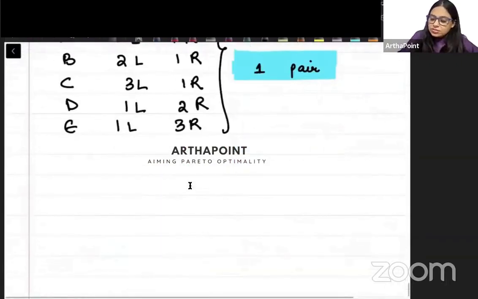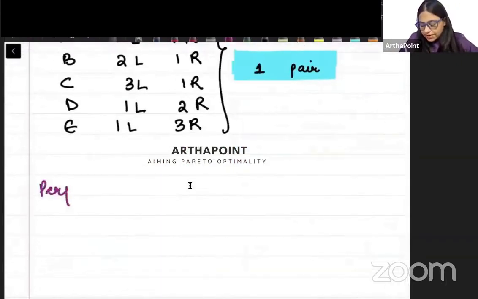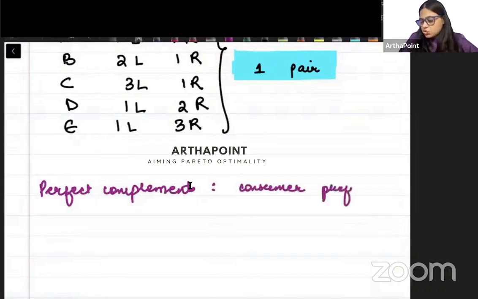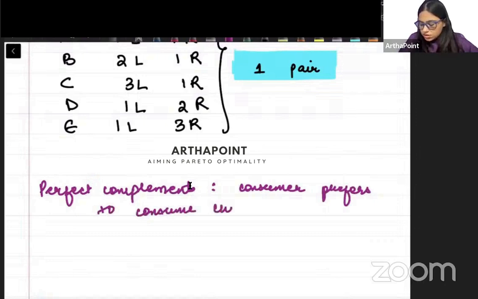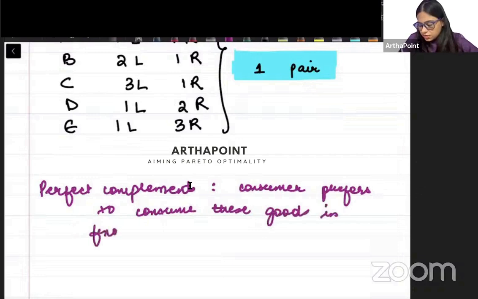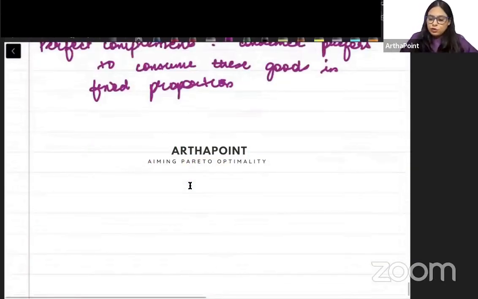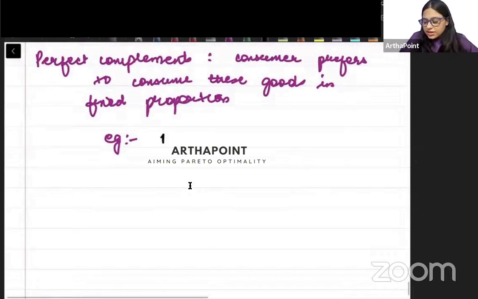So the important thing about perfect complements is that consumer prefers to consume these goods in fixed proportion.